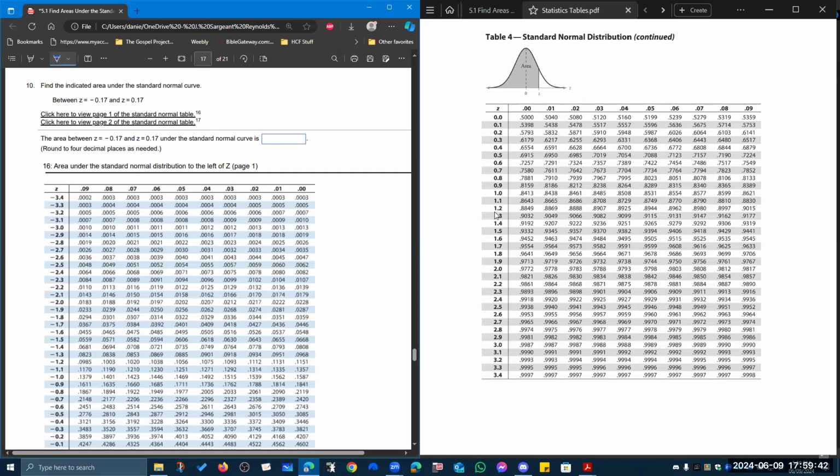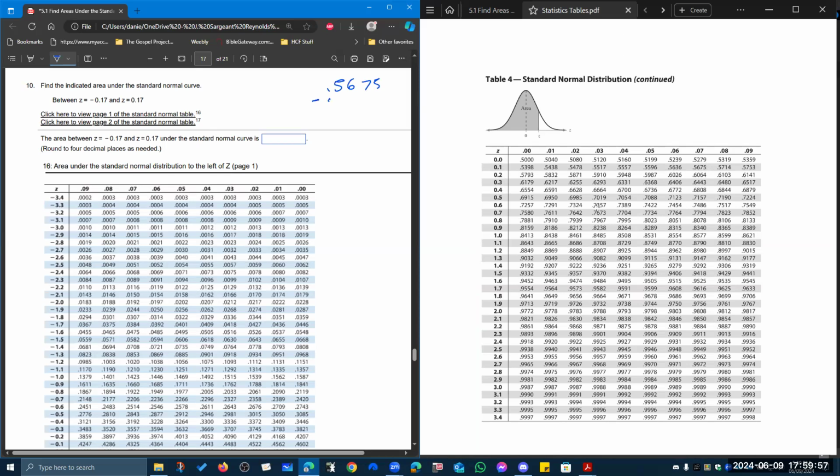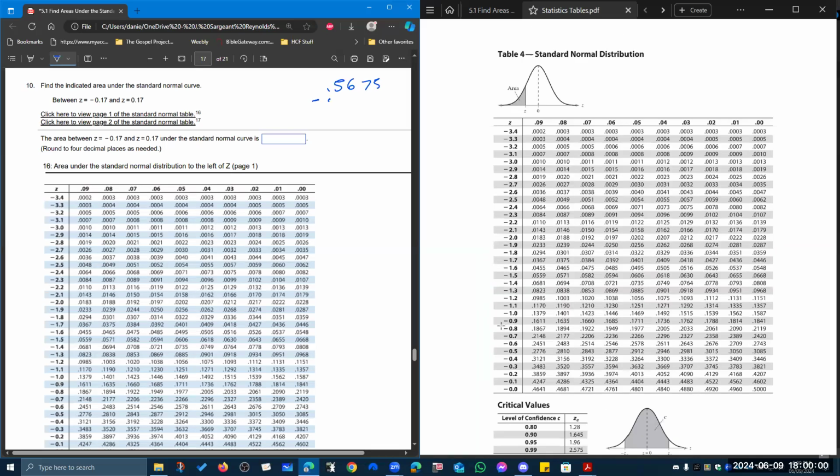So let's take the right-hand number of 0.17, which is 0.5675, minus negative 0.17, which is 0.4325. And I have 0.1350.